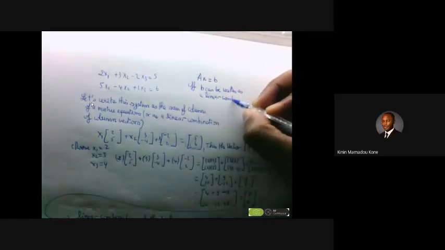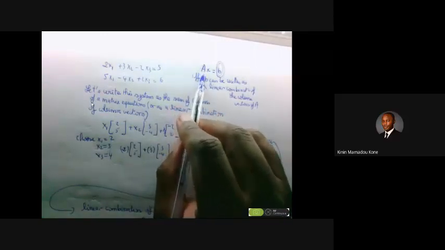If you have a system of the form Ax equals b, the system is consistent if and only if b can be written as a linear combination of the column vectors of A. So from this example, we can say that if you have a linear system of equations and the right hand side of that system can be written as a linear combination of the columns of your coefficient matrix, then you are dealing with a system that is consistent.